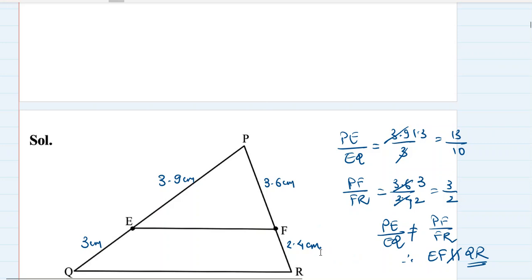Do you remember this? These are all the results of basic proportionality theorem. So even if you can prove any of the results of basic proportionality theorem, let me write all these results for you in the given triangle.